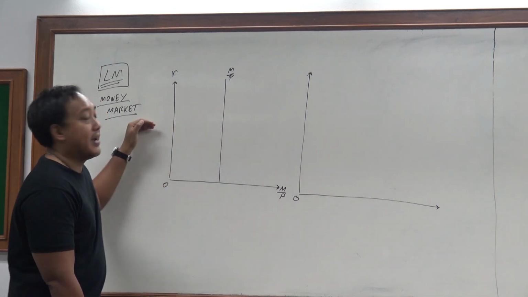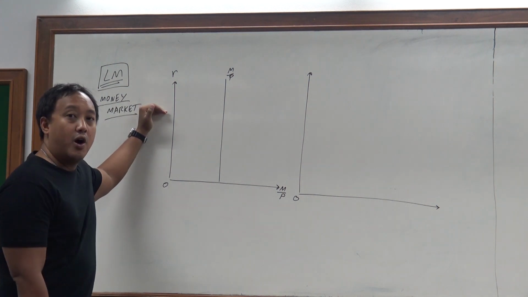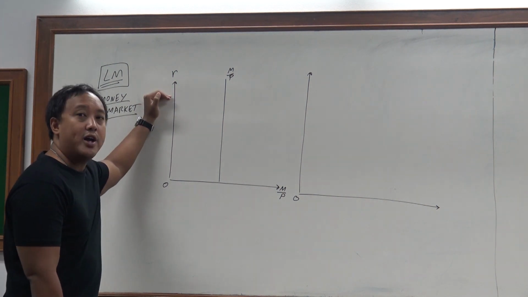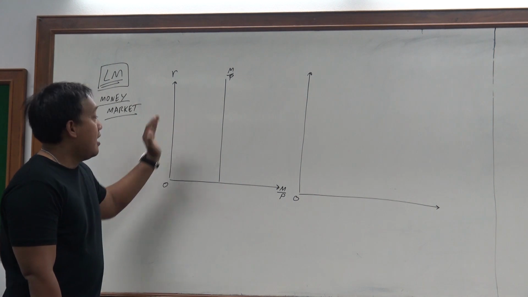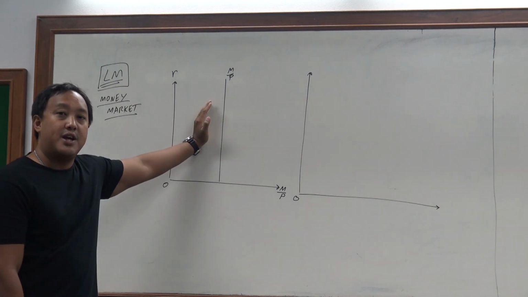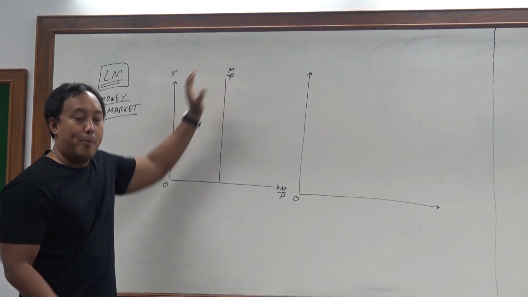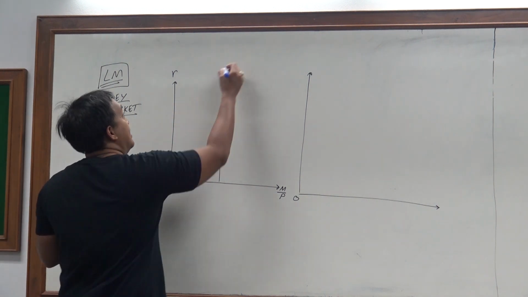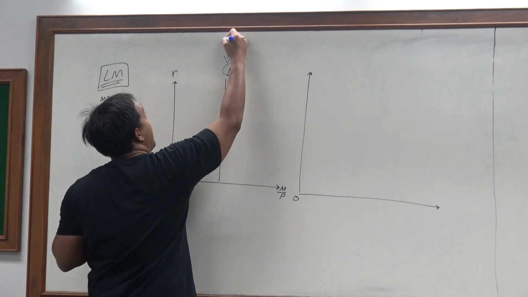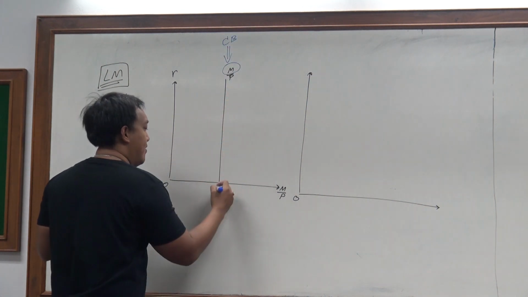Because even though the real interest rate is high or low, the real money supply in the economy is still fixed and stable, because it is controlled by the central bank. The central bank can control M, so that's why you have a vertical curve.